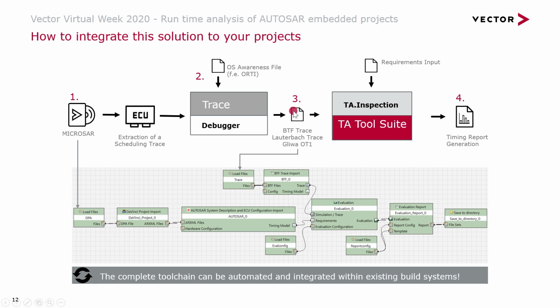All this is then combined with the recorded trace, and based on this information, an evaluation is conducted. And at the end, it delivers a timing report that documents this whole procedure. And it also provides an overview for the entire company or for the project.